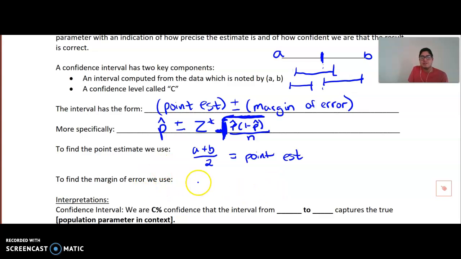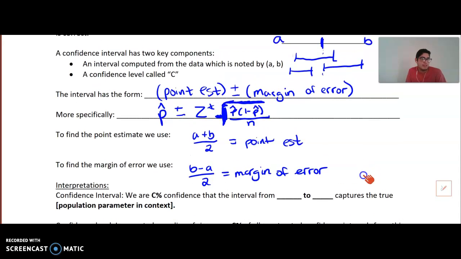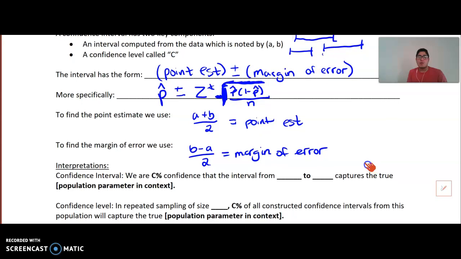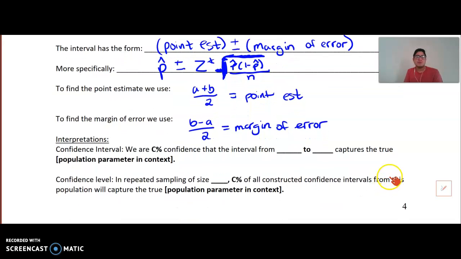And then the margin of error, since that was just half of this distance, the difference between B and A, it's just half of that difference. Or what we would do is B minus A divided by 2 will give us our margin of error. So we have our point estimate and our margin of error to find these population parameters and just the components of the confidence interval. Now, we don't know the parameter here, so we're using the given statistics to try and guesstimate or capture it.